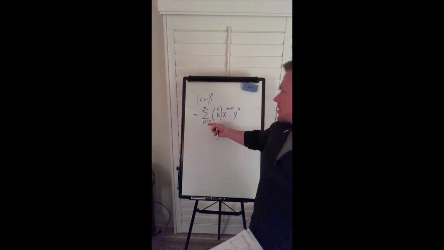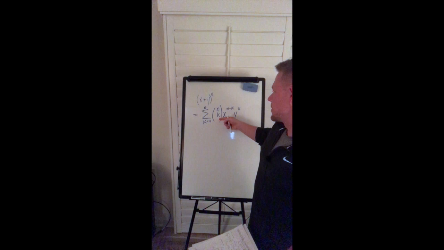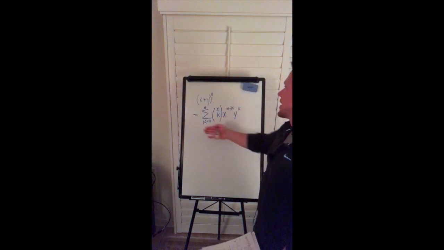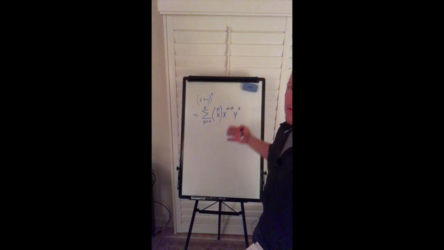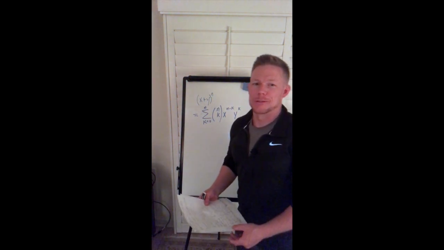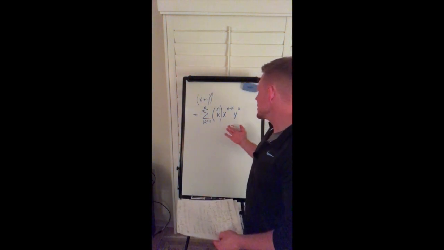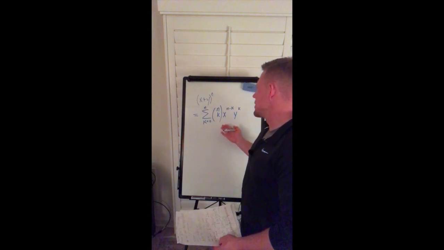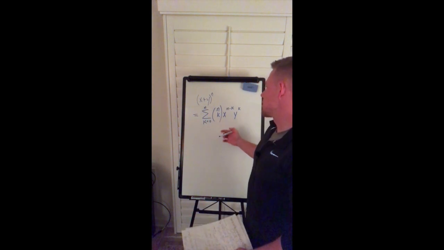So we're just taking our sum from k equals 0 to n, doing a combination, and multiplying a few things, and that's going to expand the whole thing for us in a much cleaner fashion than what I was doing before.